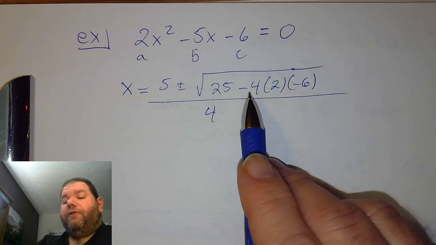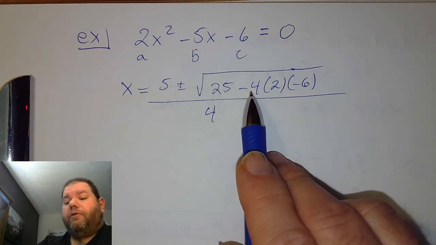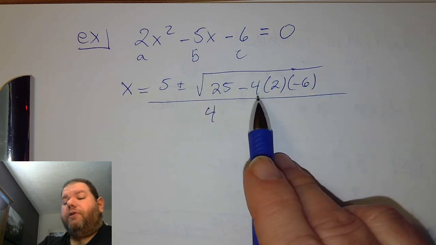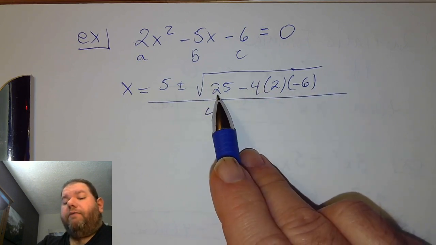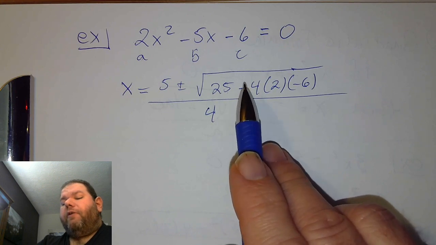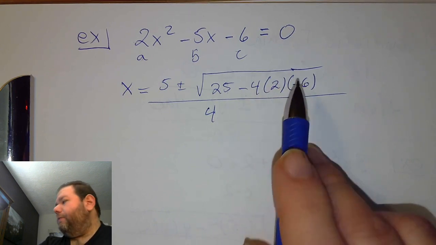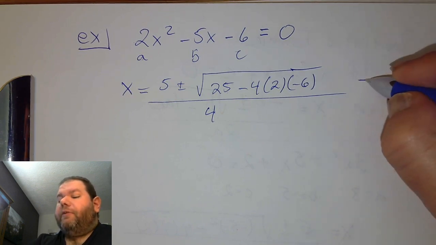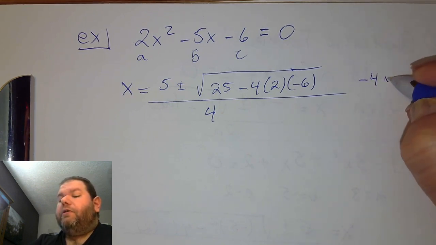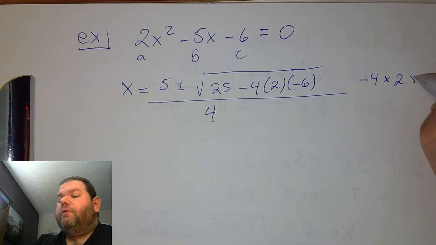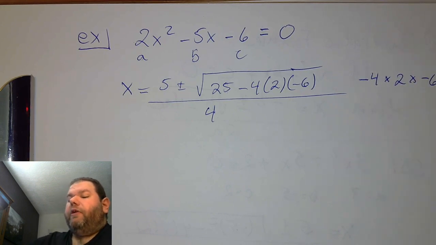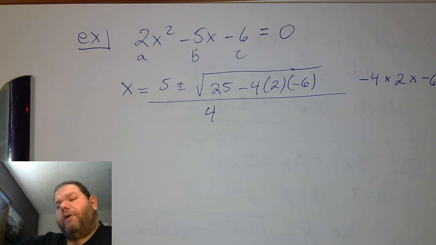Where we want to be careful though is the second part of this expression under the square root. So we have 25, but then after that we have minus 4 times 2 times minus 6. So we think about it like this: minus 4 times 2 times -6. Is that result going to be positive or negative?